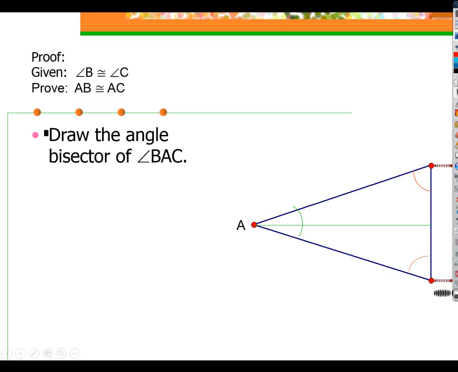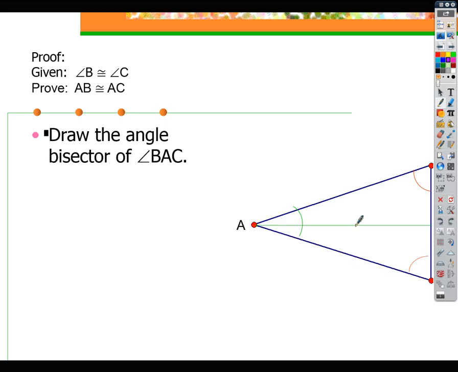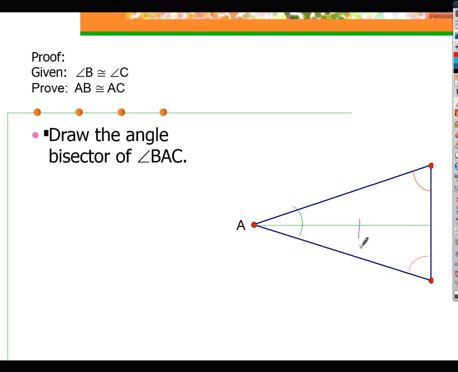Gabe, tell me something that might be useful. Okay, good. So we're gonna drop down an angle bisector for angle BAC, and that's congruent to itself. So there's a piece of congruence that we can get out of this.